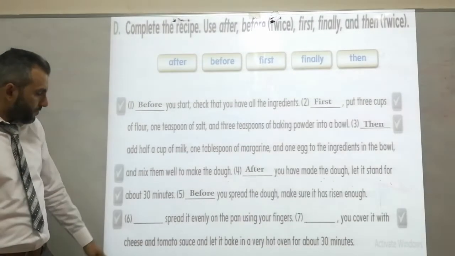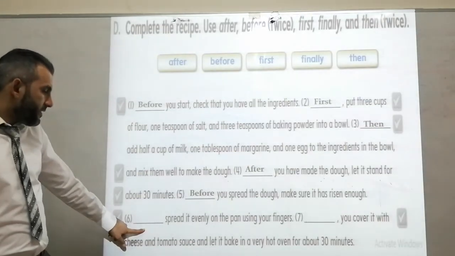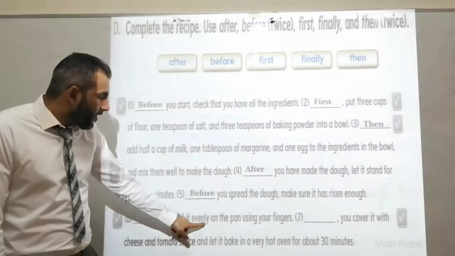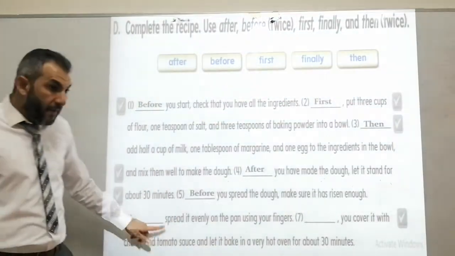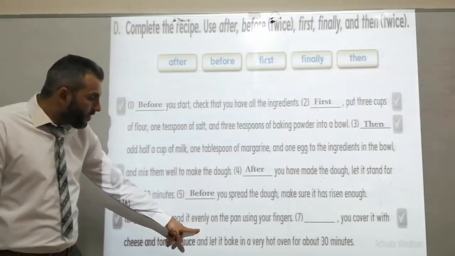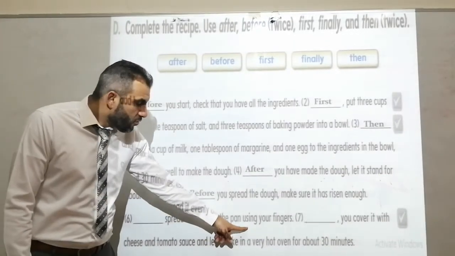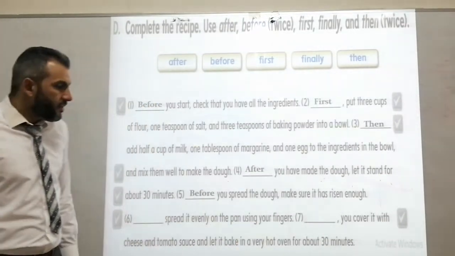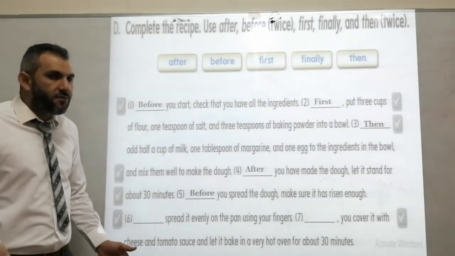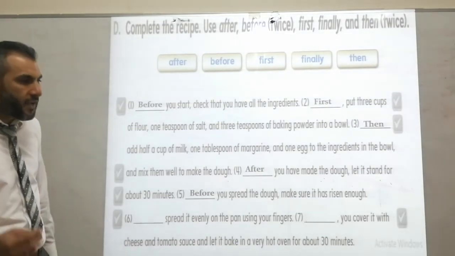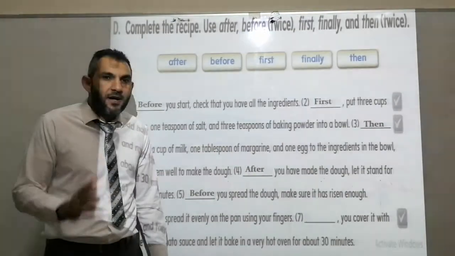Number 6. Space, spread it evenly on the pan using your fingers. Space, spread it evenly on the pan using your fingers. Okay? Before you spread, okay? Not finally. I told you that we use finally at the end of the paragraph.